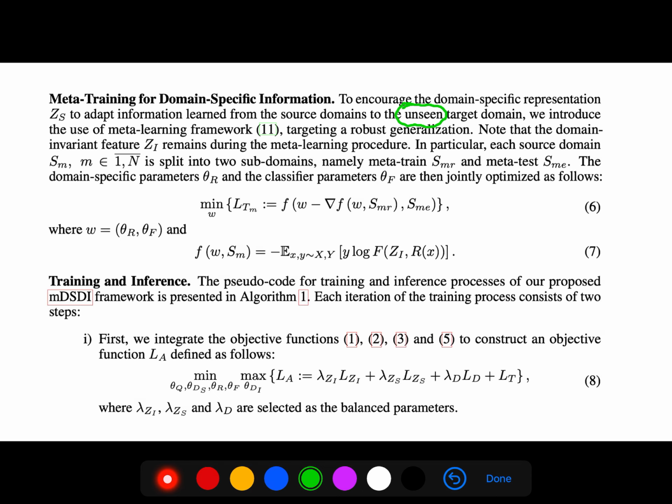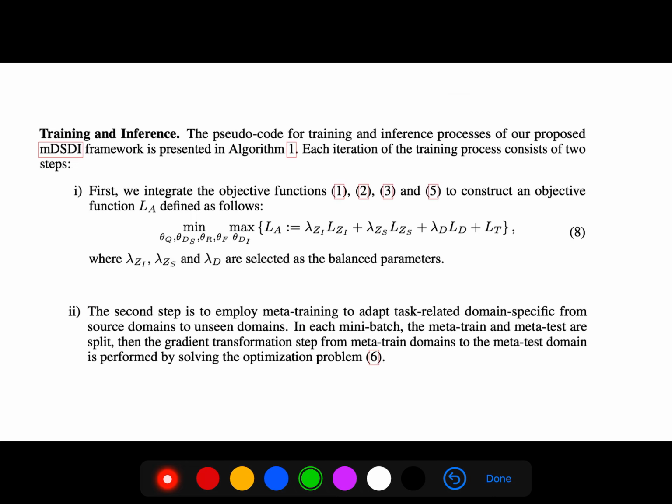The pseudocode for the training and inference process of our proposed framework is in Algorithm 1. Each iteration of the training process consists of two steps. First, we integrate objective functions to construct an overall loss of the domain-invariant features, domain-specific features, domain, and so on.